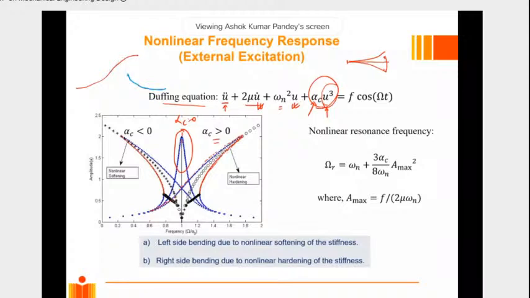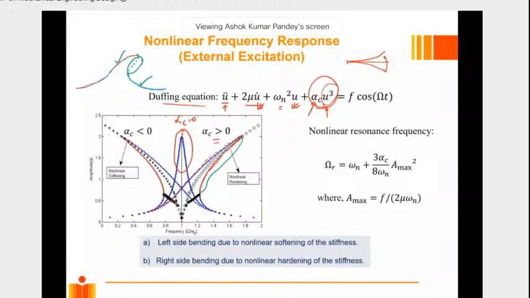So your device will be stable over this region, but it is unstable over this region. So this is your unstable portion. This portion is unstable, and this is the stable portion. That's why you see that there are dots over here. So basically that's your typical nonlinear response.